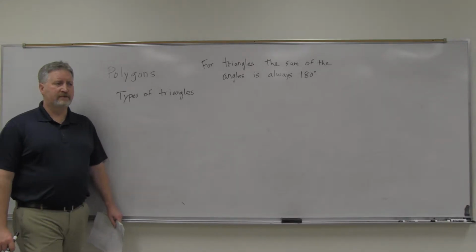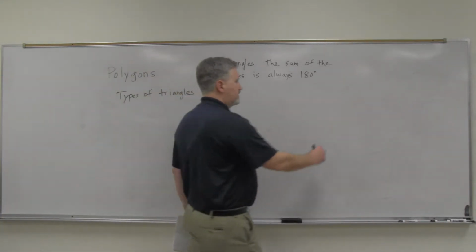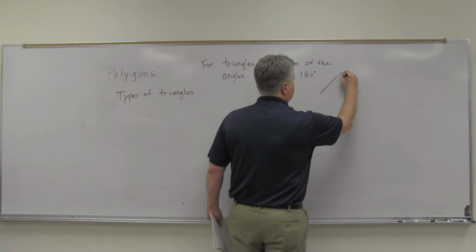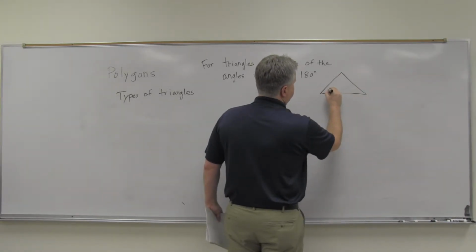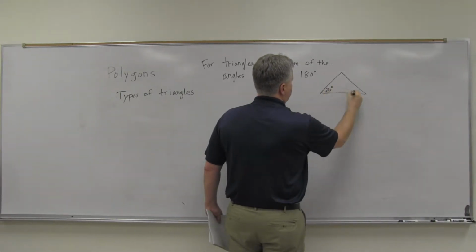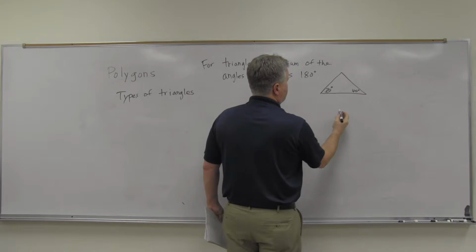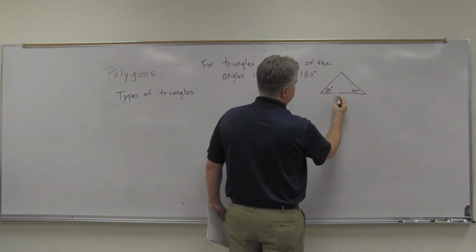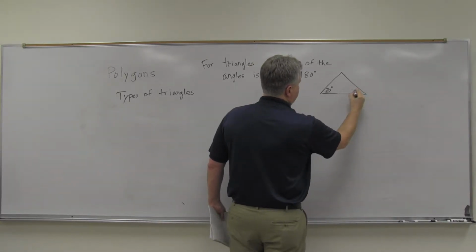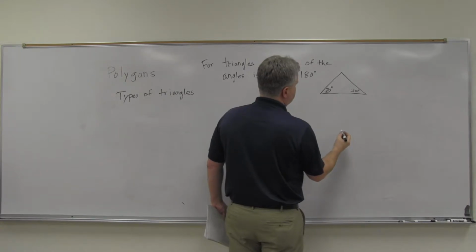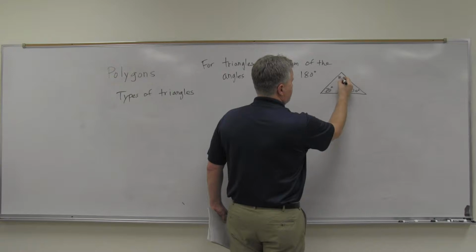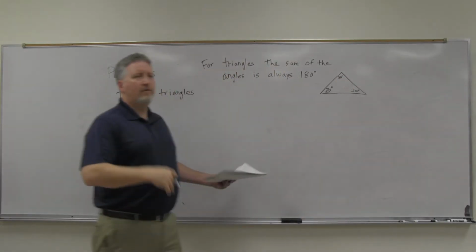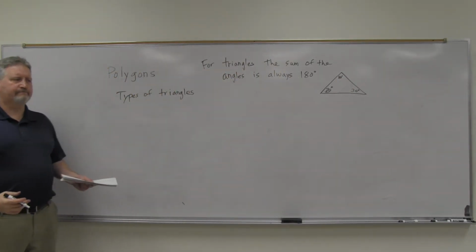So if you add up the angles of any triangle whatsoever, let's say this one's 70, this one's 40, no, say it's 30. So 70, 30, so this one has to be 80. They always add up to be 180, okay?